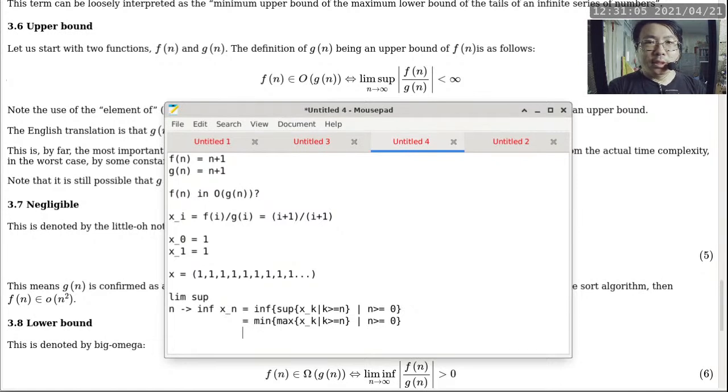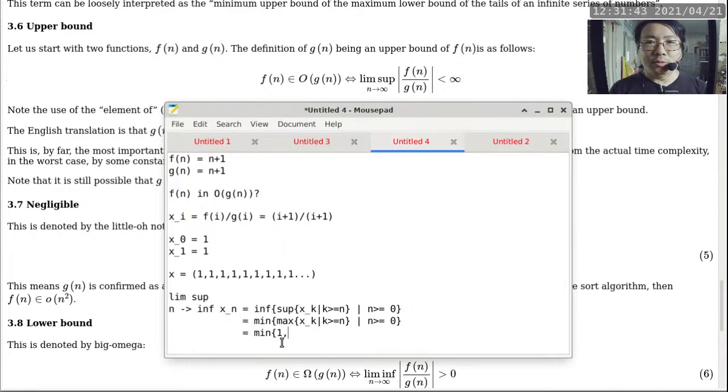Like so. So now we look at this and go, okay, let's solve for all the maximums first, right? What do we have here? What is the maximum of x of k for all k's that are greater than or equal to n? We'll start with n being 0 first. So what do you think is the maximum of 1, 1, 1, 1, 1, 1, 1, 1? Just 1, right? What about the maximum of x underscore 1, x underscore 2, x underscore 3, and so on?